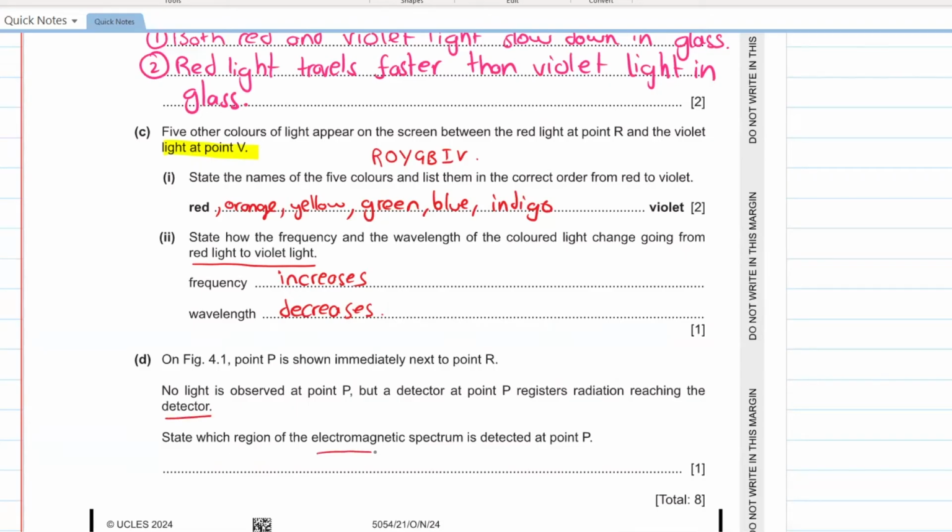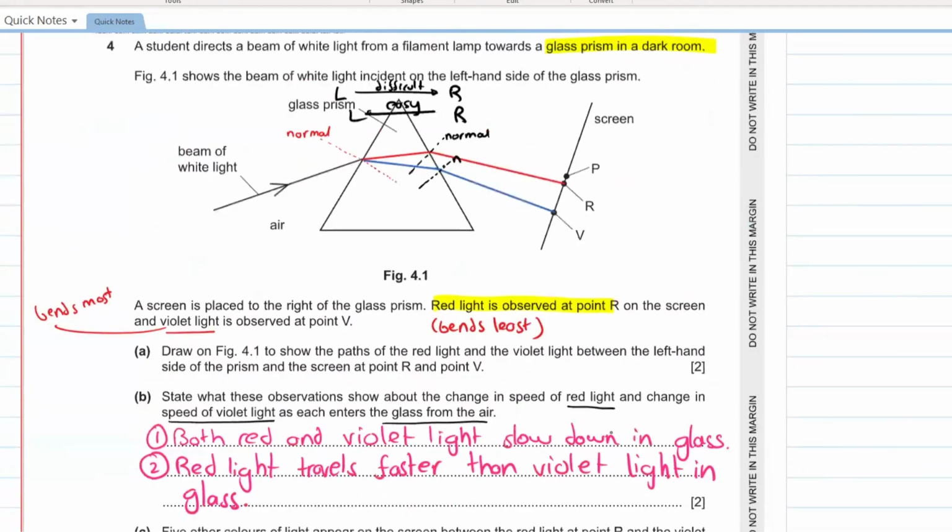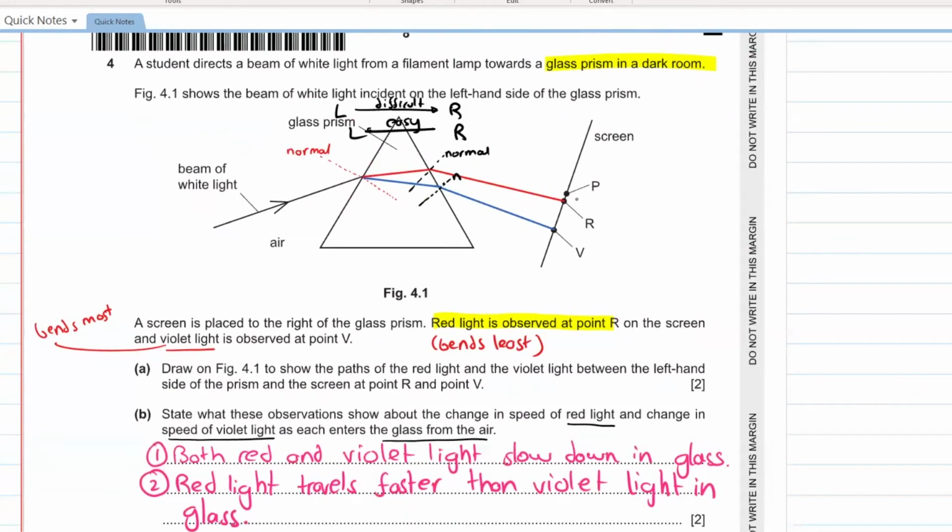State which region of the electromagnetic spectrum is detected at point P. Okay, so point P is just above the red light. This will be infrared radiation. Infrared radiation cannot be seen, but it can be detected.